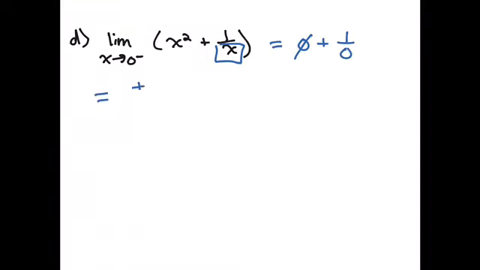We're worried about the 1 over x. So the 1 in the numerator is going to be positive. In the denominator, we're approaching 0 from the left, so that's a number a little bit less than 0. So is my denominator positive or negative? It's negative, so is this one going to positive or negative infinity?